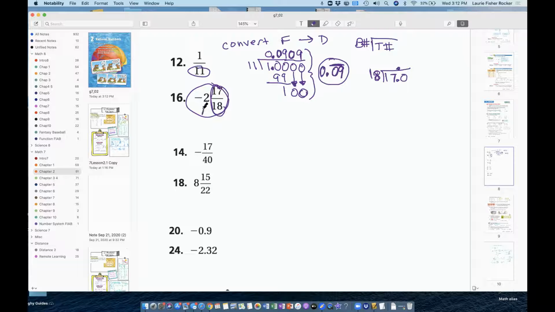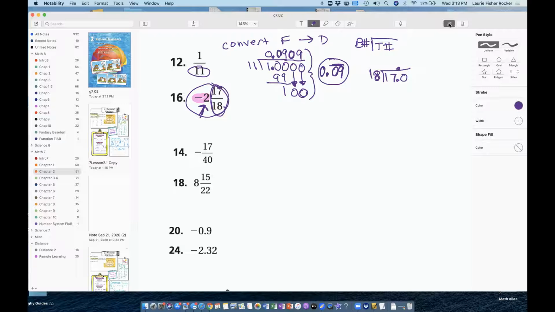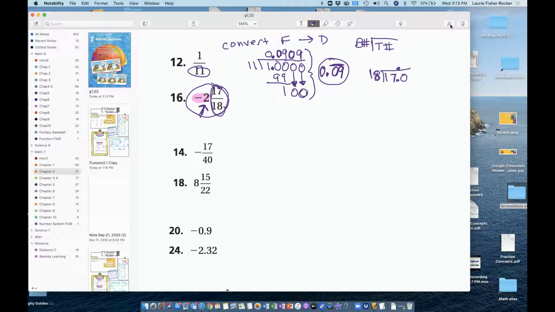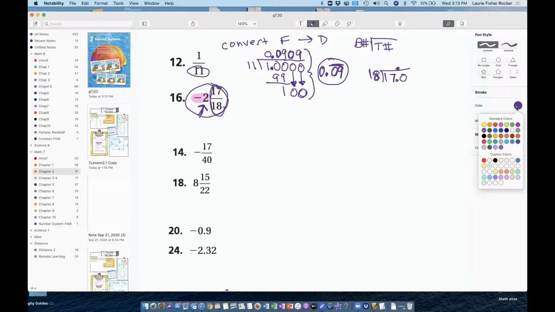But my whole number, I already know what it is. It's -2. So I'm going to put that -2 out front, because I already know that whole number is going to be -2. Then I go to the next step.